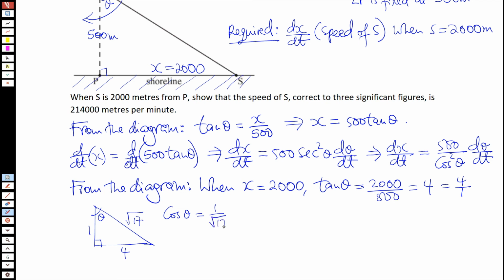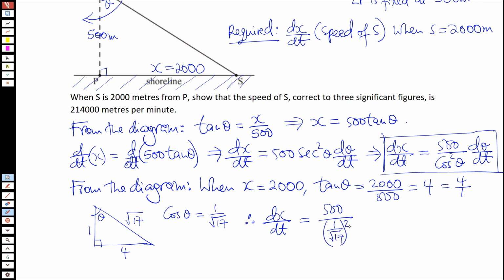So how does this help us? It helps us here. From this relationship, we can plug that in place of cos. Therefore, dx over dt will be equal to 500 over (1 over square root of 17) squared, d theta over dt.